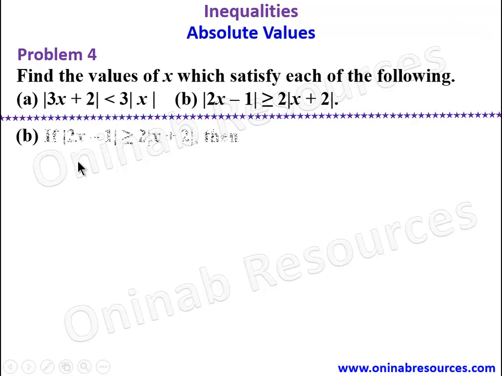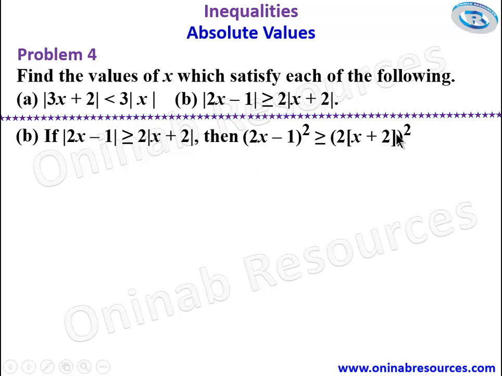So if absolute value of 2x minus 1 is greater than 2 into absolute value of x plus 2, then 2x minus 1 squared is going to be greater than or equal to the square of 2 into x plus 2. So expanding this, I have 4x squared minus 4x plus 1 greater than or equal to, squaring the 2, we have 4. Then expanding this, I have x squared plus 4x plus 4.